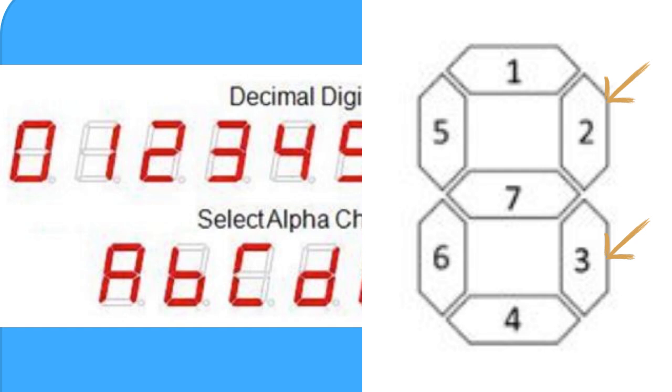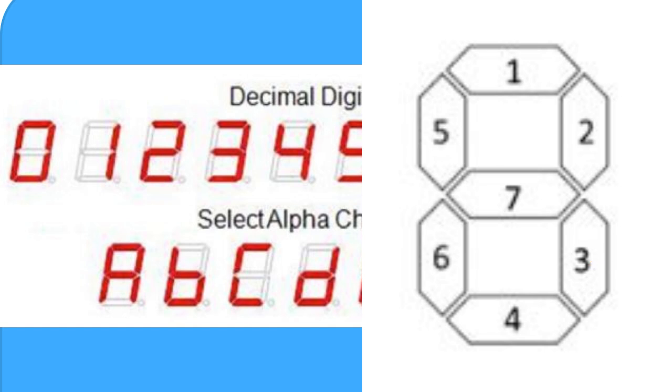Now our training data should be, for example, if we were supposed to show number 1, then only 2 and 3 will be on, and the others will be 0. If we were supposed to show 2, then 1, 2, 7, 5, 4 will be on, and 6 and 3 will be 0.